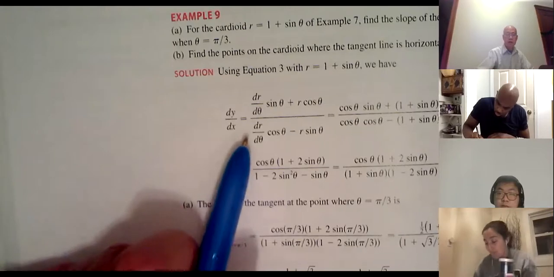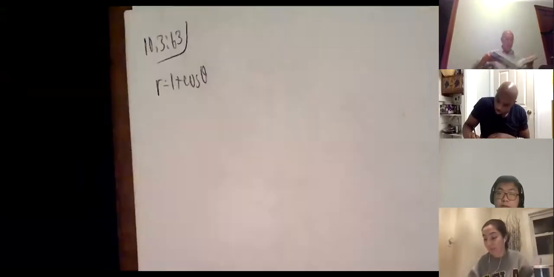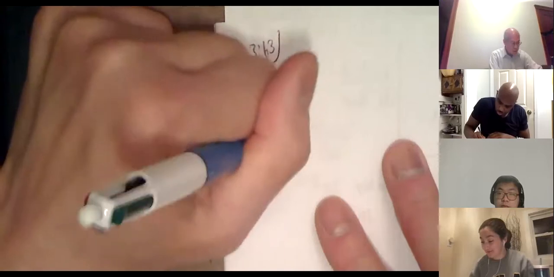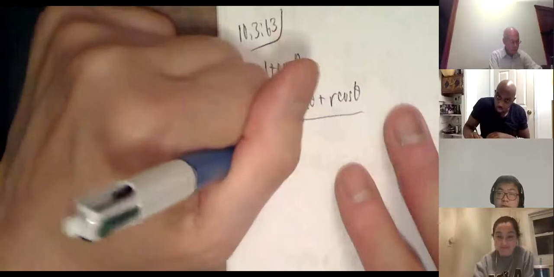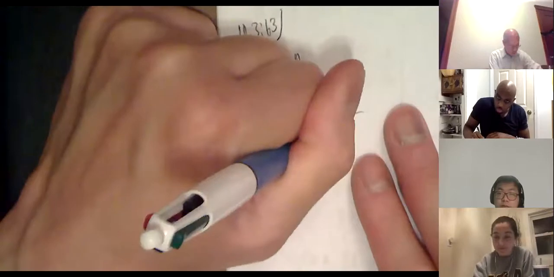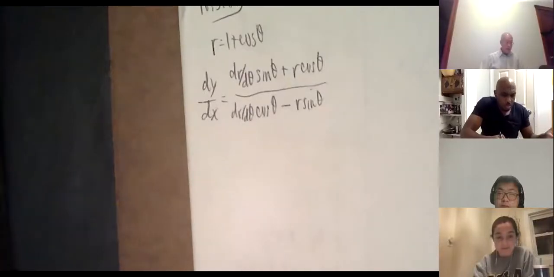And again, put that directly on your cheat sheet. dy/dx is dr/d theta sine theta plus r cosine theta, divided by dr/d theta cosine theta minus r sine theta. And again, I think it asks for horizontal or vertical tangents.